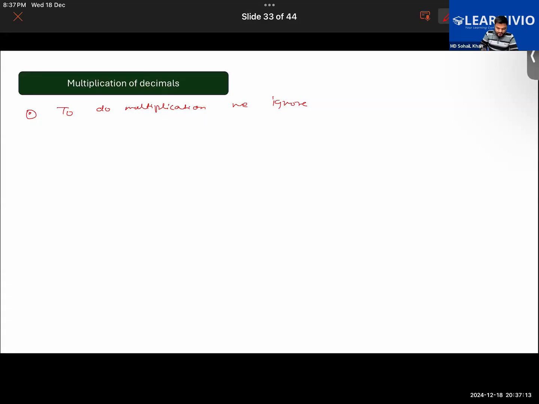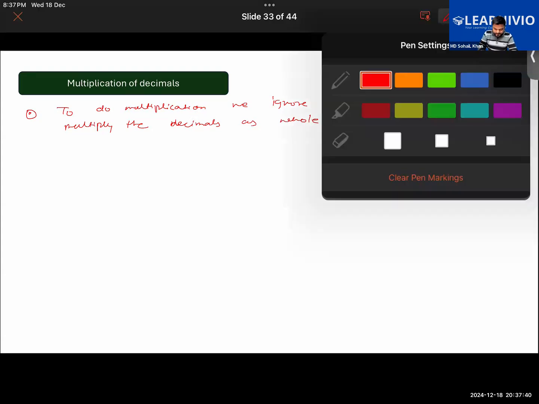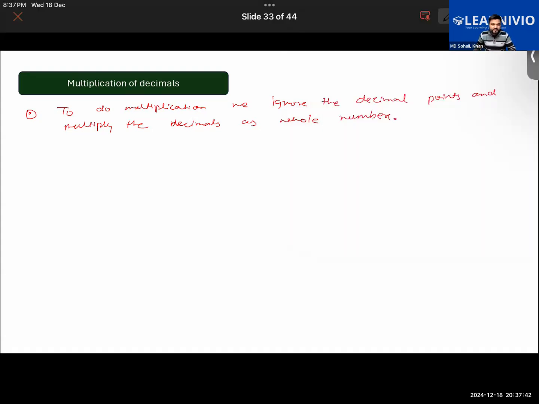So to do multiplication, we ignore the decimal points and multiply the decimals as whole numbers. That is the first step we have to do.